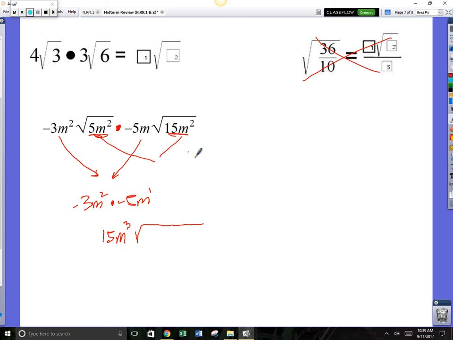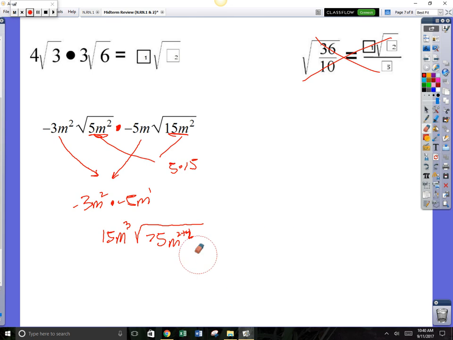So this times this, 5 times 15, that's going to take you to 75. And then your m's, add the exponent, so it's going to be m to the 2 plus 2. 2 plus 2 is 4, so you're going to have a total of m to the 4th.